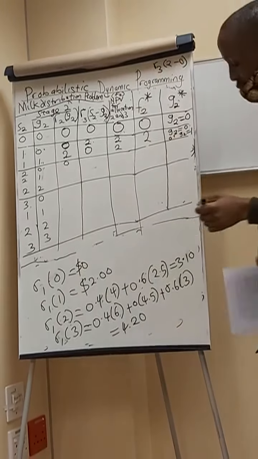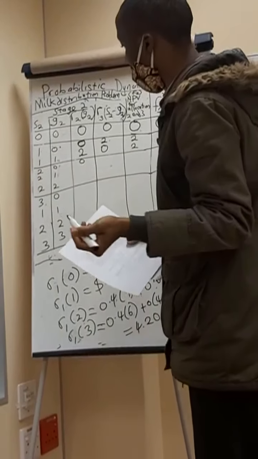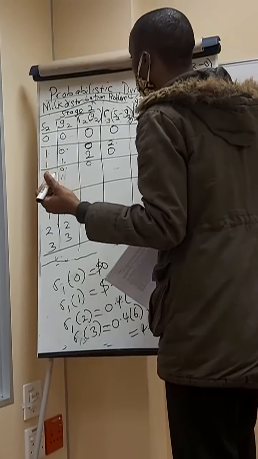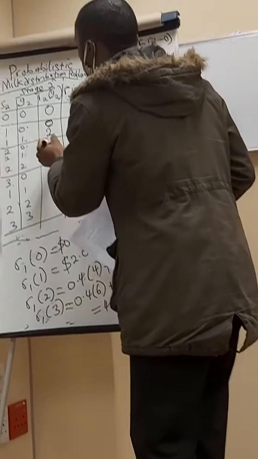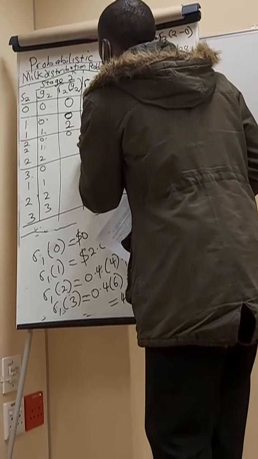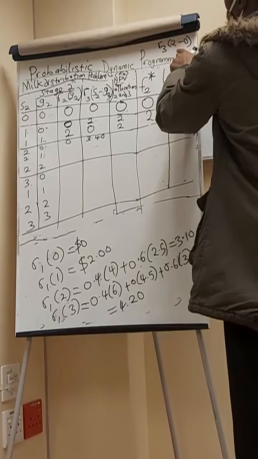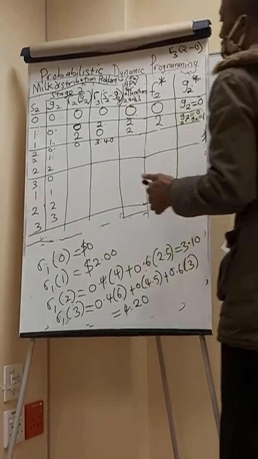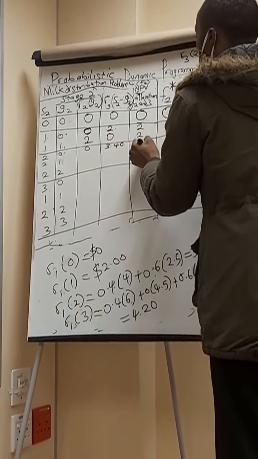So that is R3 of 2. If you remember, your R3 of 2 was 3.4, which we calculated in our stage 1 computation for store 3. R3 of 2 minus 0 is R3 of 2, so it is 3.4. You write it down, then add 0 to this, and that gives you 3.4.